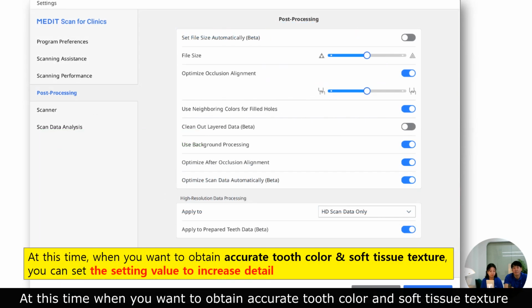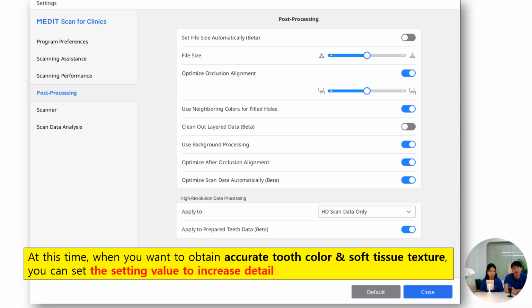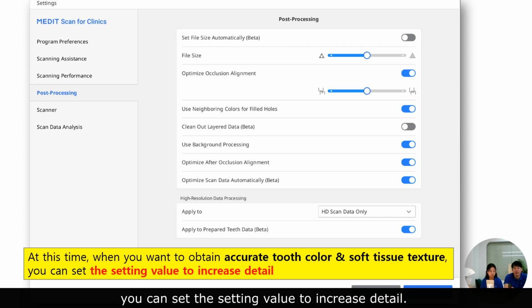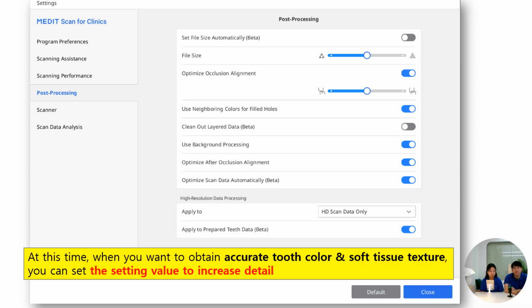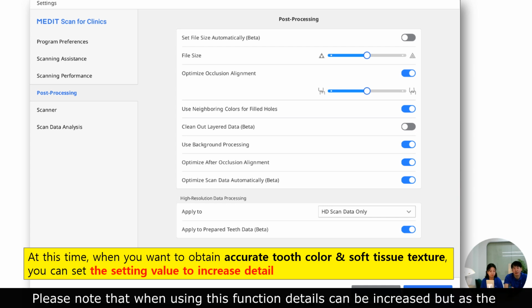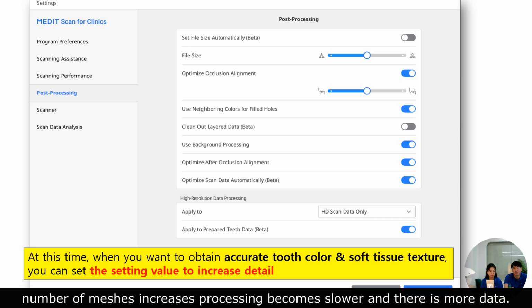At this time, when you want to obtain accurate tooth color and soft texture, you can set the setting value to increase detail. Please note that when using this function, details can be increased, but as the number of meshes increases, processing becomes slower and there is more data.